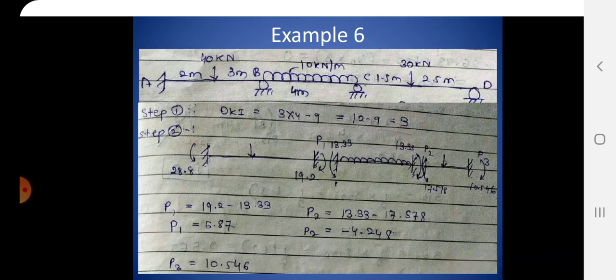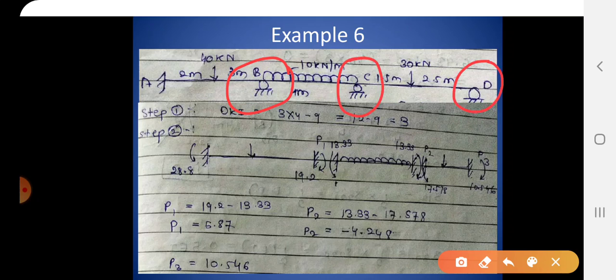Now what are our points of unknown displacements? B, C and D, and the unknowns are rotations. Therefore the action required to produce rotation is moment.